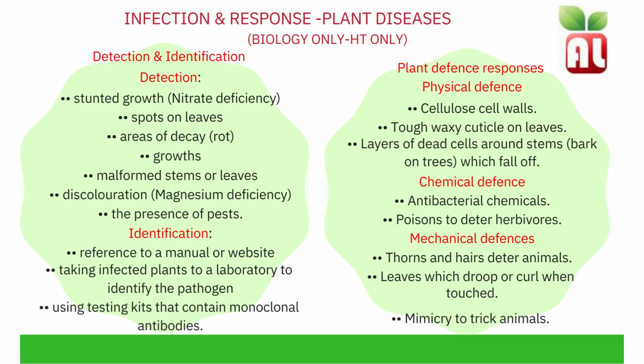There may be areas of decay, growths, malformed stems or leaves, discoloration of the leaves, for example, yellowing of the leaves, indicating a magnesium deficiency, or the presence of pests. To identify a particular infection, you would refer to a manual or website, take an infected plant to a lab to identify the pathogen, or use testing kits that contain monoclonal antibodies.